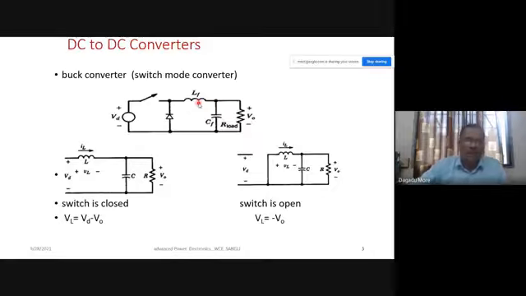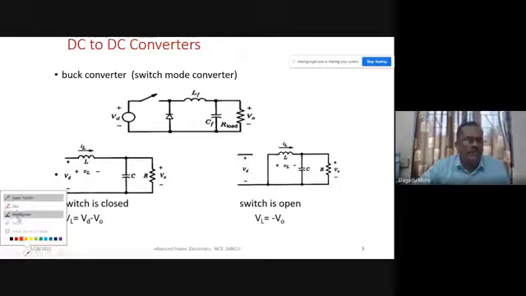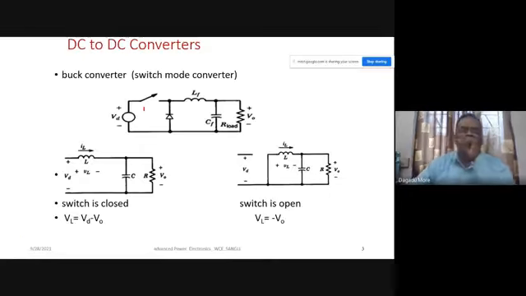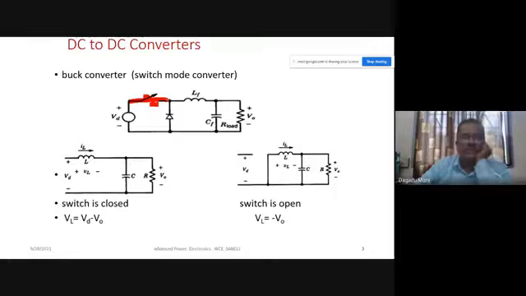Now let us see how our circuit looks when the switch is on. Let us assume that the switch is on, so VD is connected to the inductor.